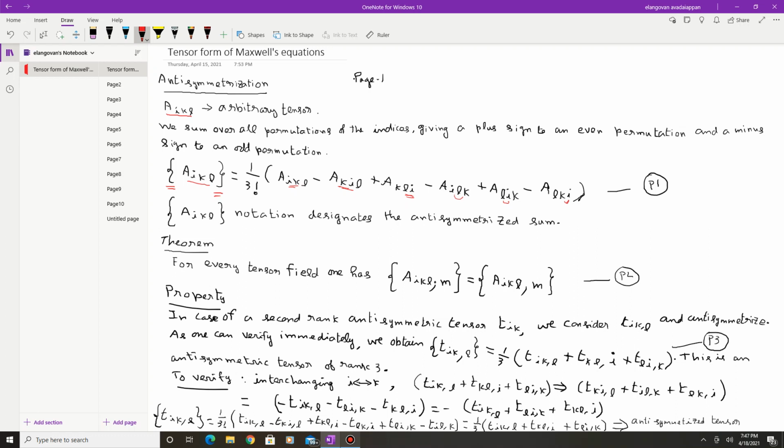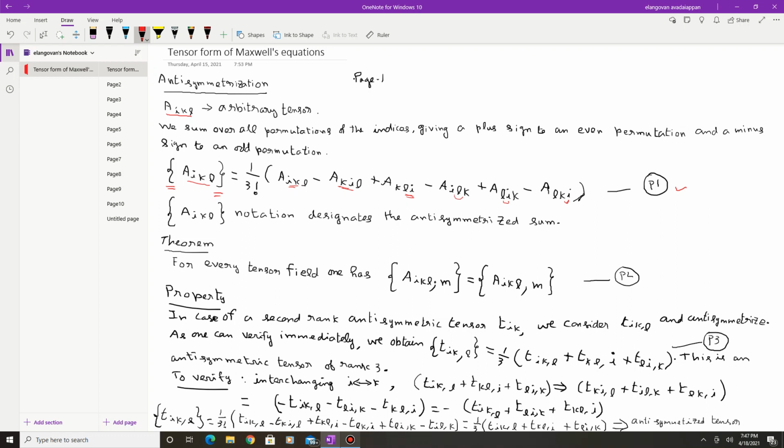So A_ikl can be anti-symmetrized by this procedure. Call this equation P1. This is how to anti-symmetrize an arbitrary tensor.